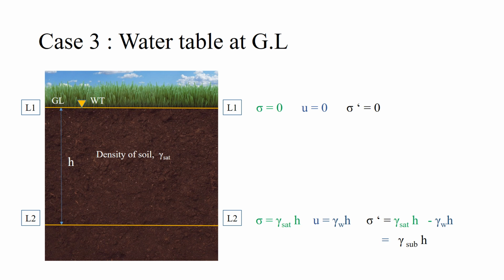Now when considering level L2, the total stress is obtained as gamma saturated into H. We are taking gamma as gamma saturated because the water table is at the ground level. We have the pore water pressure as gamma W into H. Therefore, the effective stress, which is the difference between the total stress and the pore water pressure, we obtain as gamma submerged into H.